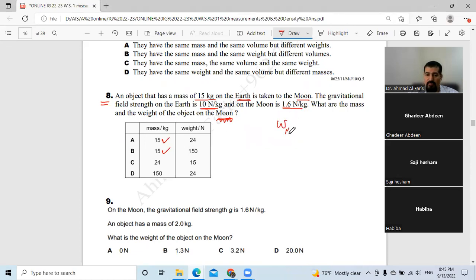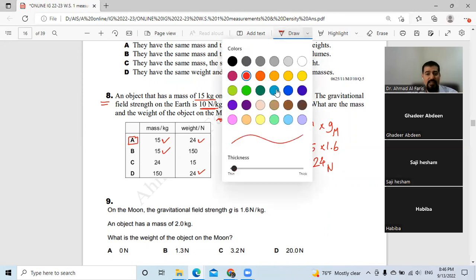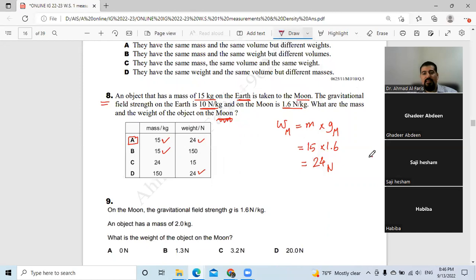So the weight on the Moon equals the mass multiplied by the gravitational field strength on the Moon, which is 15 multiplied by 1.6, and using the calculator the answer is 24. So which one is the correct answer? It's A. Good. Is it clear? Okay.